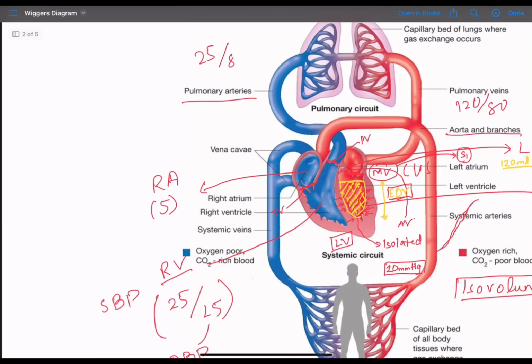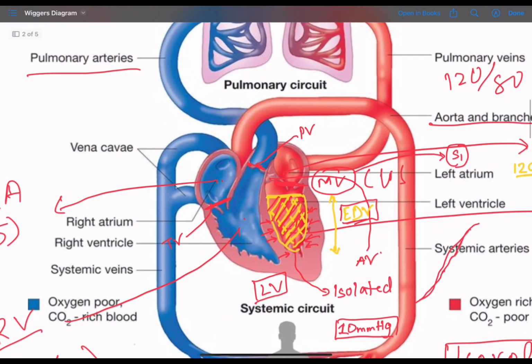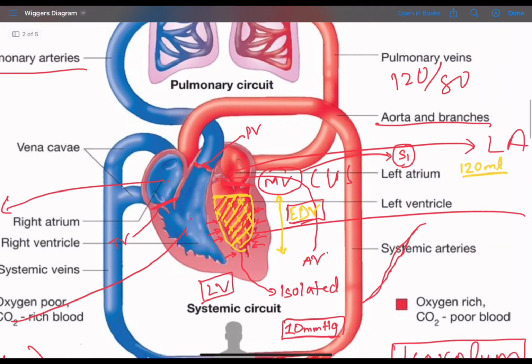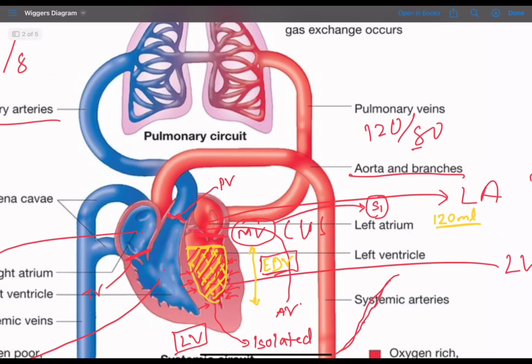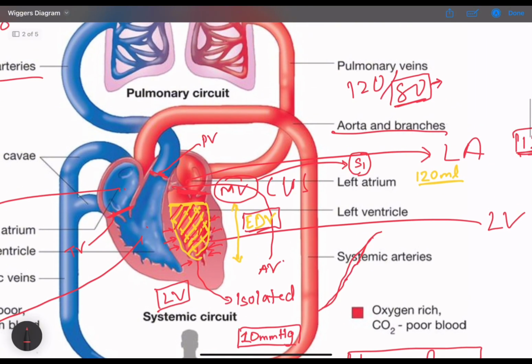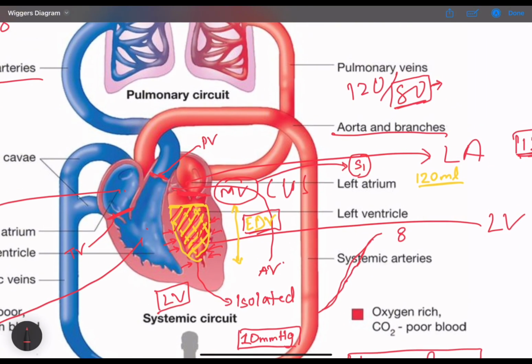Once the pressure has reached 80 mm of Hg, we have some changes. The pressure within the aorta is 120/80, which means the lowest pressure within the aorta is 80 mm of Hg. So when the pressure within the left ventricle goes above 80, we have the opening of the aortic valve. Suppose the pressure within the left ventricle is 85, which is higher than 80.